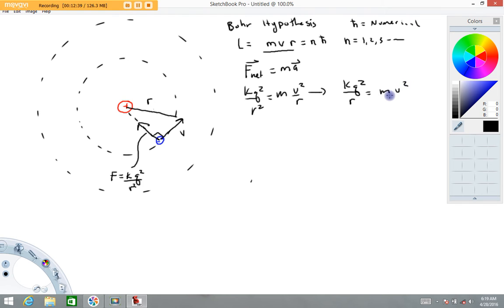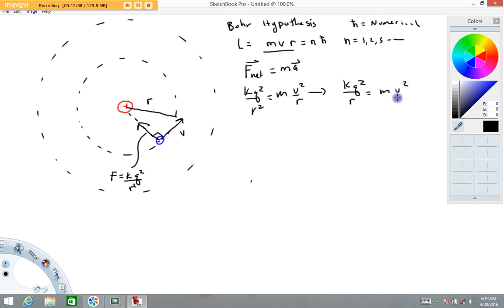Here's where we can now incorporate the Bohr hypothesis. What I want to get out of this is a value for r. And you'll notice that we've got an m v squared, and the v is what I want you to focus on right now.